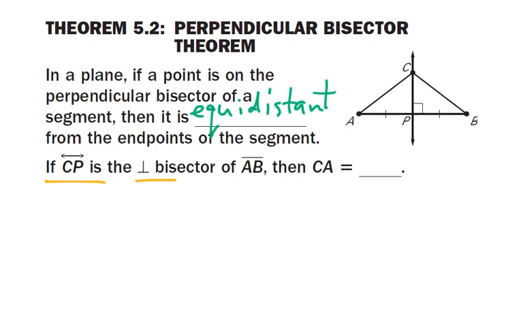It's marked perpendicular, and AP and BP are congruent, so it is the bisector also. So that means that the endpoints A and B are both equidistant from any point. So CA would be equal to CB. Those two lengths would be equidistant. And that's our perpendicular bisector theorem.